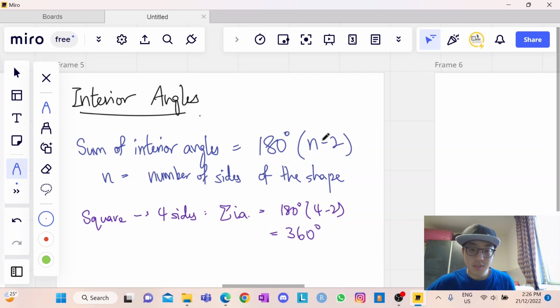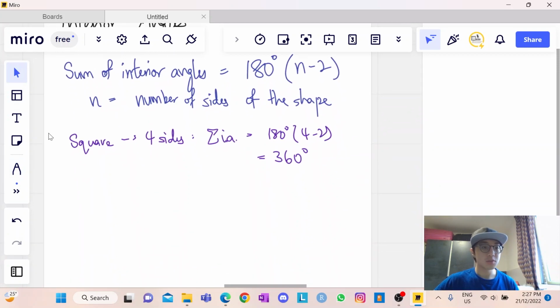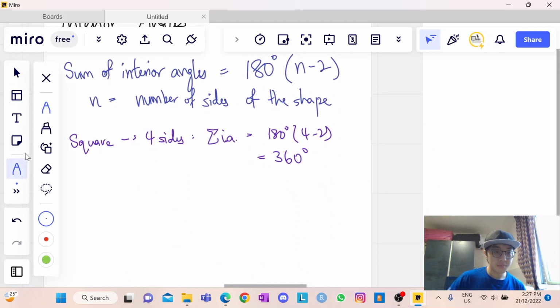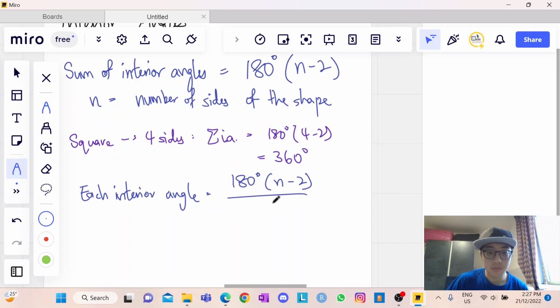So 180 degrees multiplied by n minus 2 is the sum of the interior angles. If you can find the sum of interior angles, then you can find each interior angle, which will be equal to 180 degrees times n minus 2, divided by n.